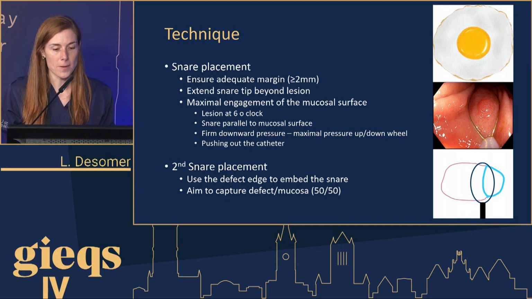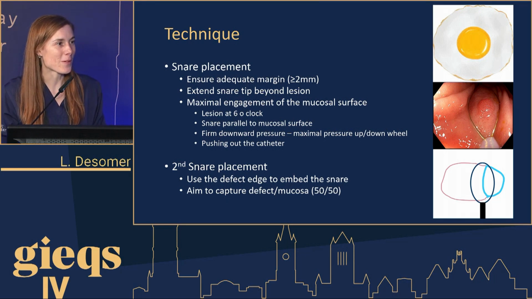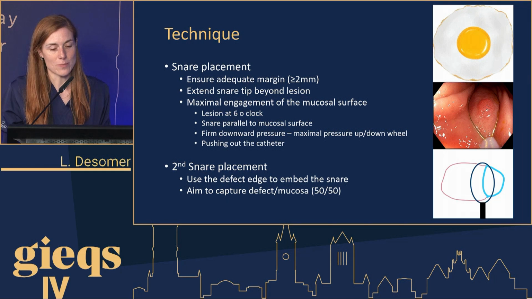Then I think our complete and incomplete resection rates will be something we can really look at if we have applied the technique right. And if we do it right, our incomplete resection rates might not be as high as presented here. So I think technique is the thing to do.